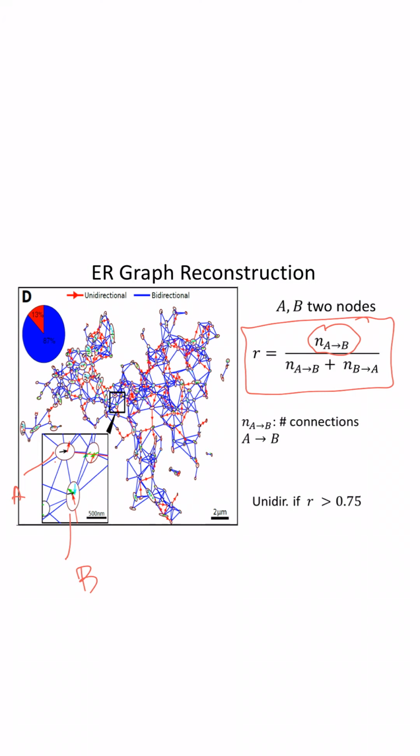And we decided a threshold, for example 0.75, and attribute a direction or not, depending on whether this ratio was larger than 0.75. Doing this, we could find in this particular ER network that we reconstructed that 87% are actually nodes where the trajectory can go in both directions.